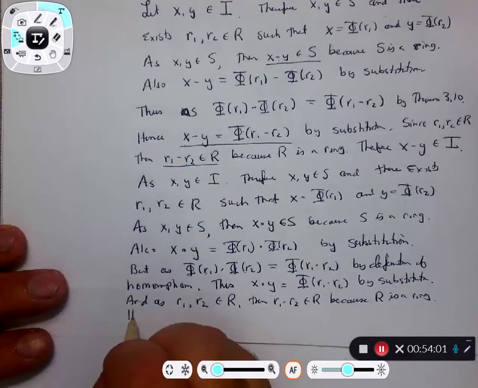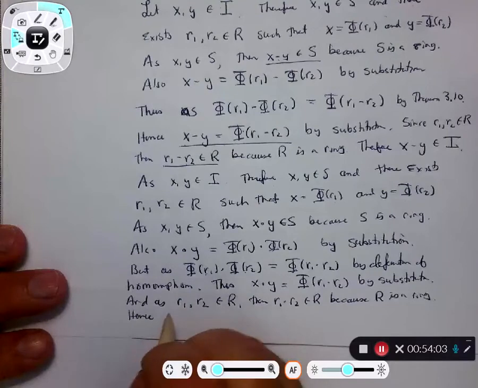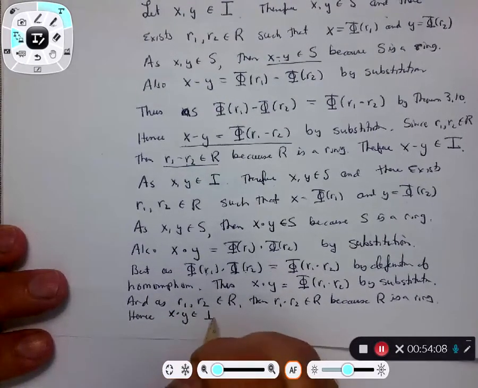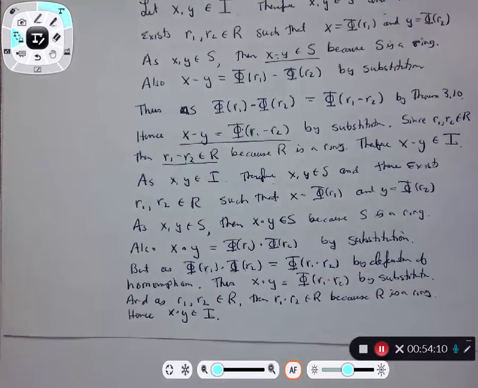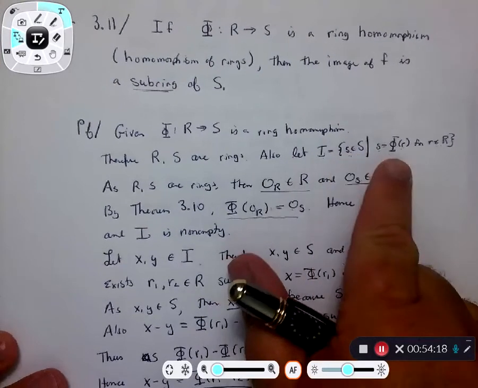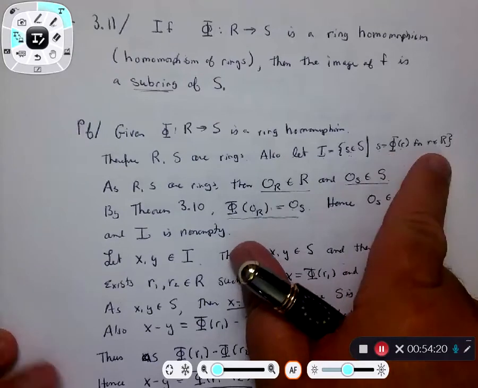Hence, x times y is an element of I. And again, I'm going to go back and highlight why x times y is an element of I. To be inside of I, you have to come from S. You have to be equal to phi of some dude, where that some dude came from R.